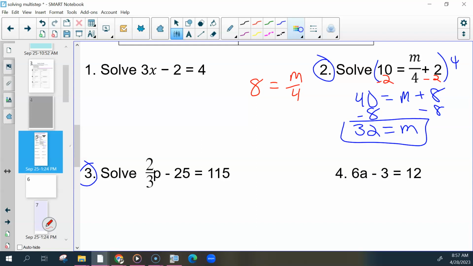And then how would we have gotten m by itself? Then multiply by 4. So as long as you get the right answer using correct math, it doesn't matter.